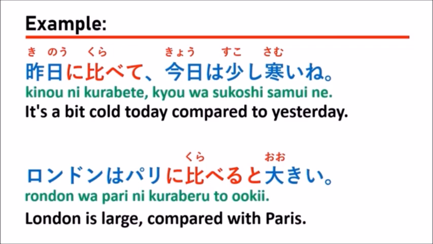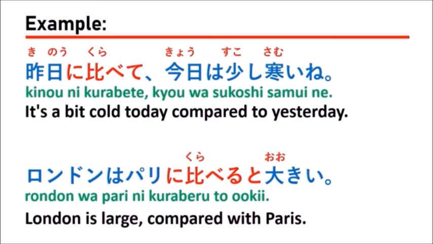And for the second sentence, you see that they use に比べると, right? ロンドンはパリに比べると大きい。If you translate に比べると directly, it means "if." Paris に比べると means if we compare to Paris, London is large.